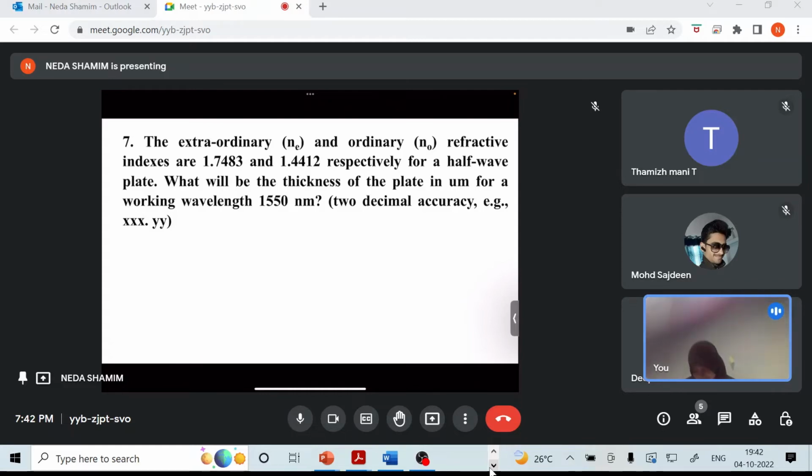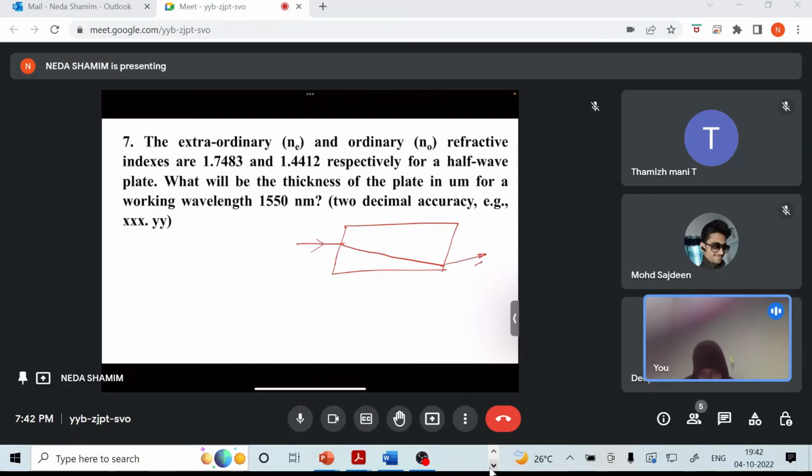It looks something like this. Suppose this is some crystal. Mostly we call them birefringent crystals, such as calcite and quartz. These are all birefringent crystals, that is, they are anisotropic in nature. Here we have a light ray. When it goes in, there will be polarization in two directions. It goes something like this and comes out.